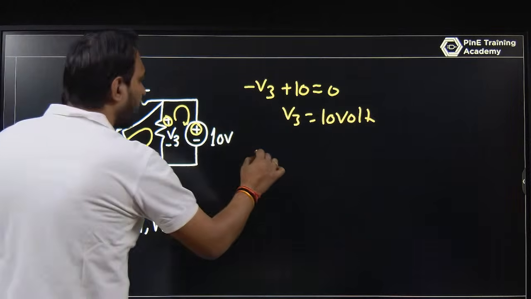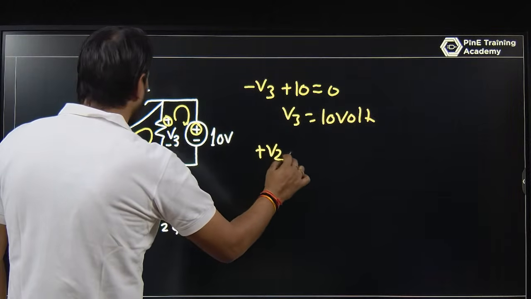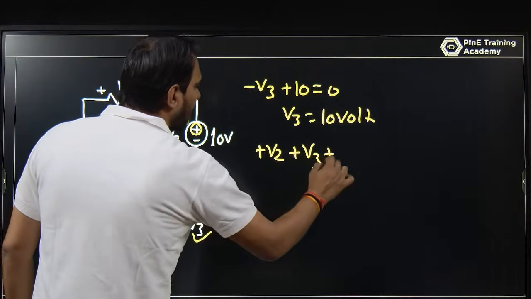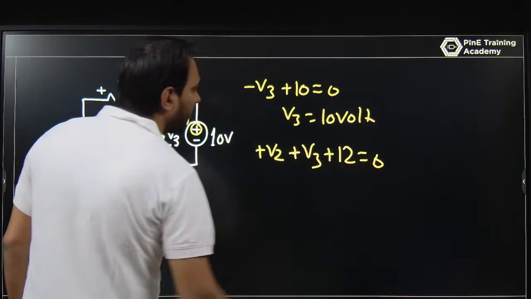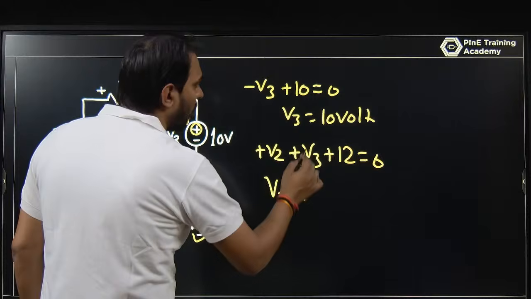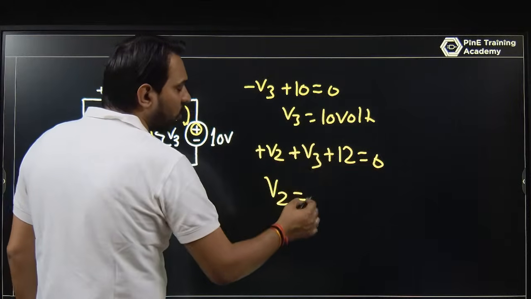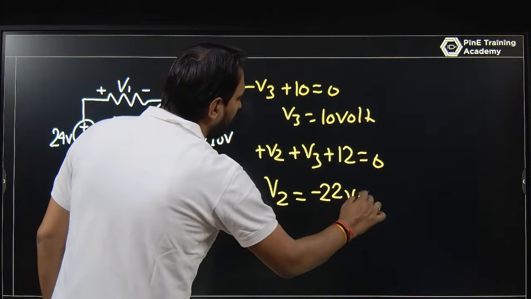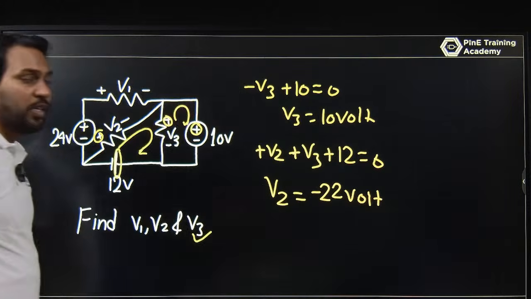So plus V2 plus V3 plus 12 is equal to 0. V2 is equal to, V3 is 10, 10 plus 12 is 22, so this is minus 22. V2 is minus 22.